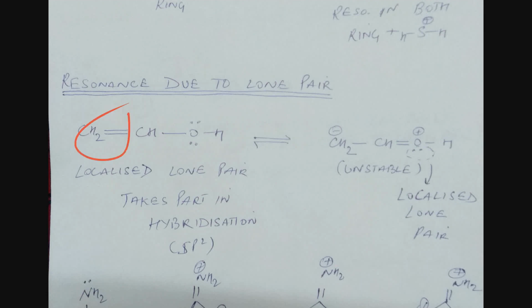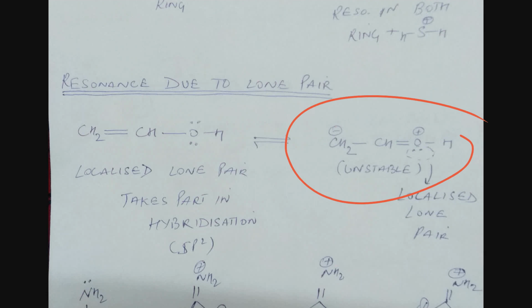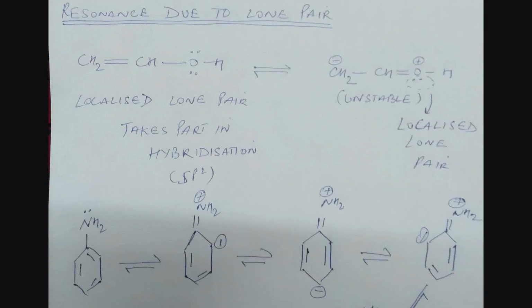So we are following this only. Now this will contribute to this structure. See, oxygen has given its lone pair to the single bond, and the negative charge is on the last carbon. Now here oxygen can contain positive charge because its octet is complete, therefore it can take part in resonance.